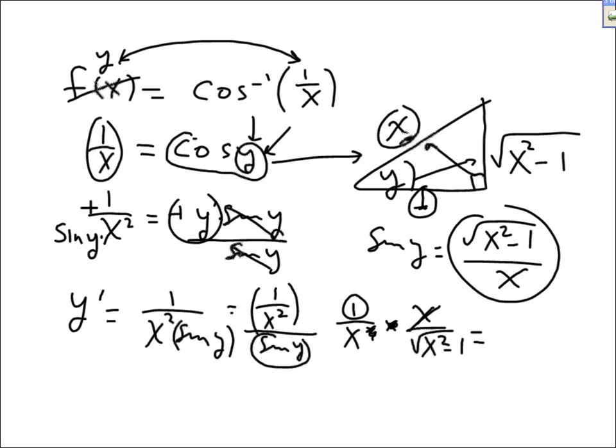So what survived is the 1 on the top, the x times the square root of x squared minus 1 in the denominator. And that's exactly what y prime equals.